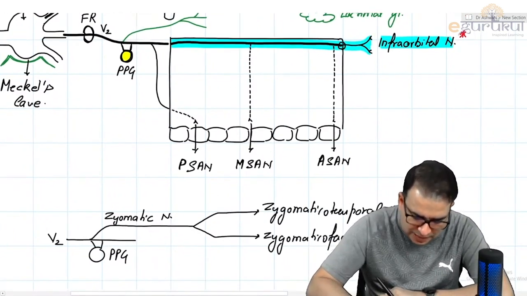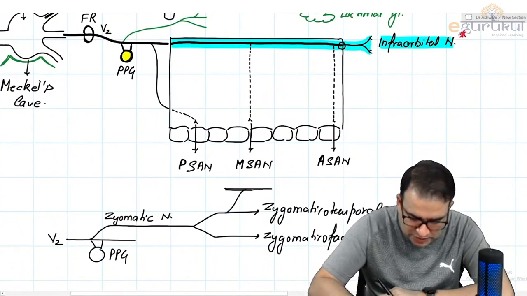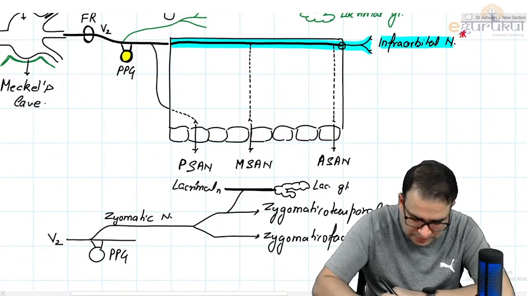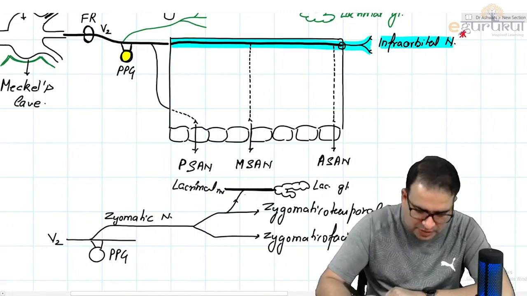And then finally we said a branch from zygomaticotemporal is going to join the lacrimal nerve to supply the lacrimal gland. That is a lacrimal nerve, and this is the connecting branch here.